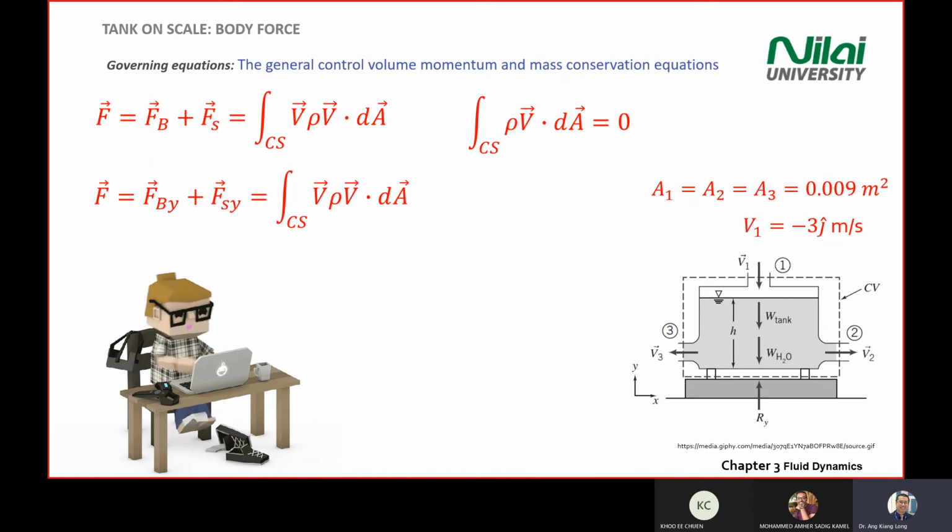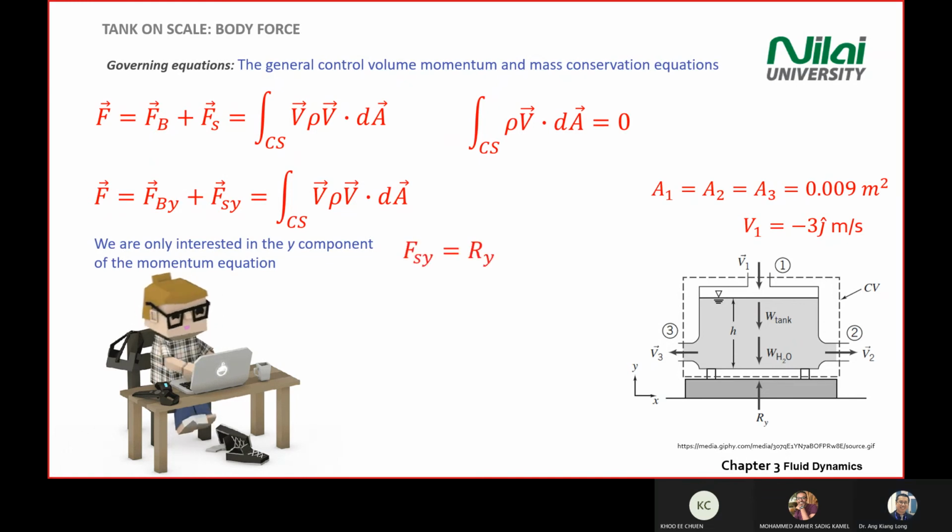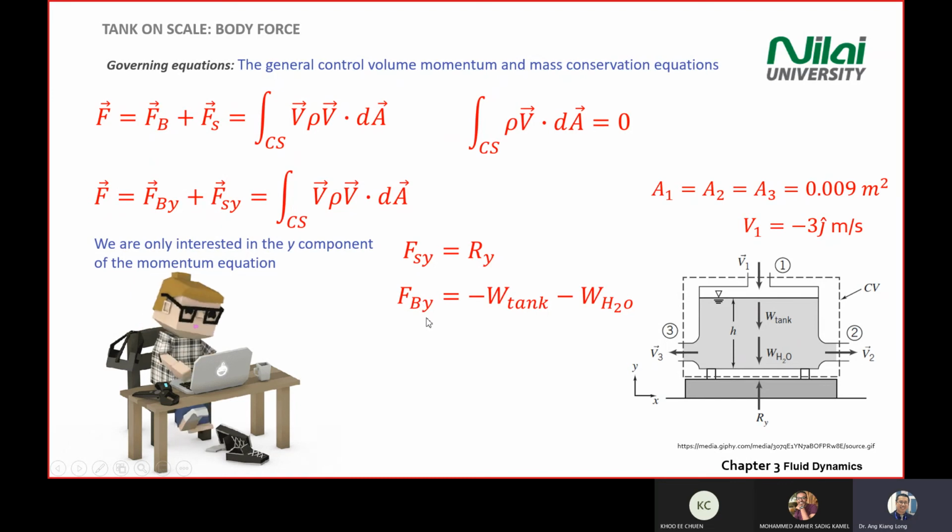All right, now let's continue with the calculation. Again, we are only interested in the y component in this case. We will take the surface force equal to Ry. Your body force will always link to gravitational force, which is always interested in the mass.